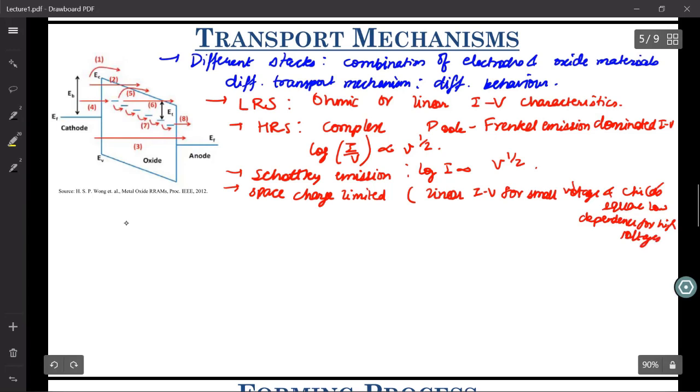So some oxide stacks also show this kind of IV behavior. However, none of these can explain all the stacks at the same time.